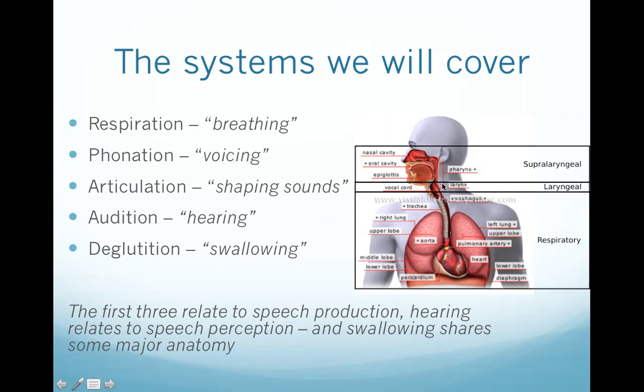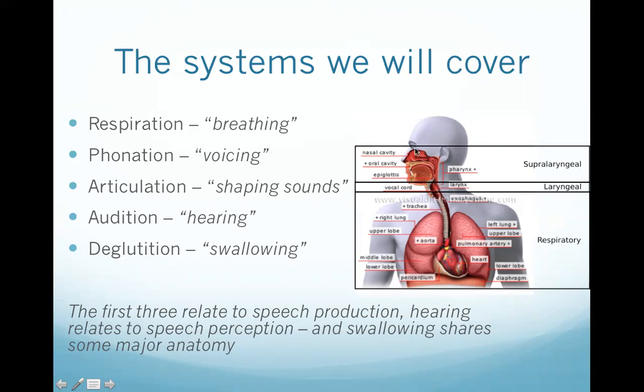Phonation is the system associated with adding voice to the airstream in order to generate one kind of component of sounds, which is the voicing of sounds. And that's done by virtue of the structure known as the larynx. So we'll be talking a lot about the system of phonation, or adding of voice to sounds.